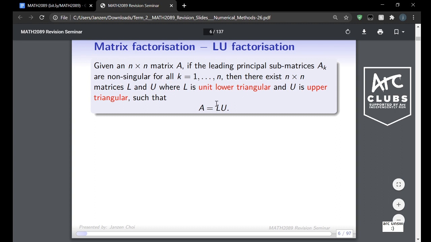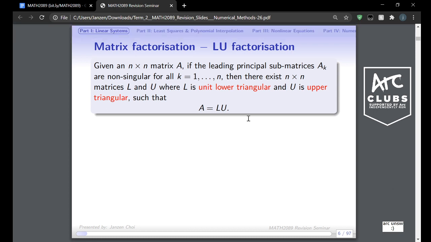For a unit lower triangular matrix, the main diagonal consists of 1s, the elements above the main diagonal are 0, and the elements below the main diagonal are non-zero.